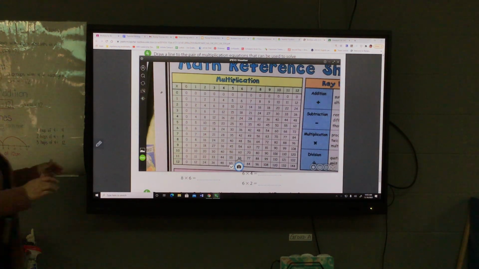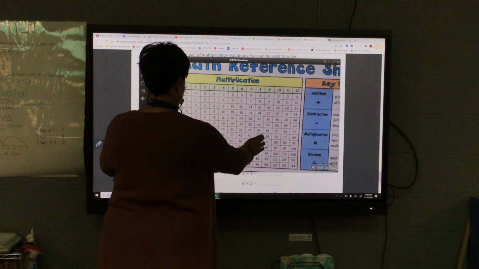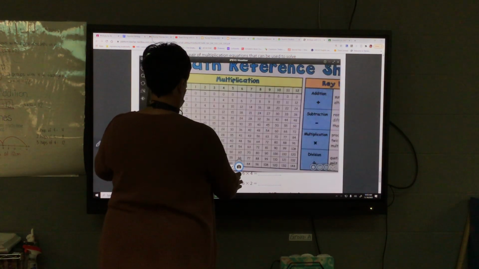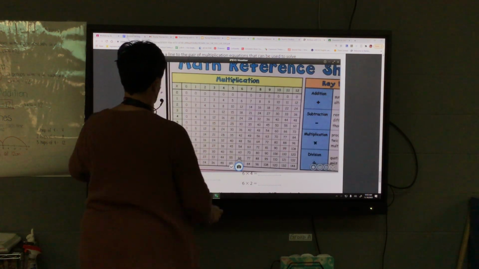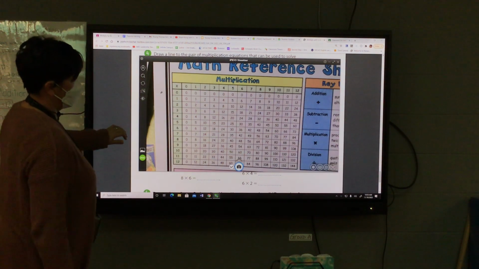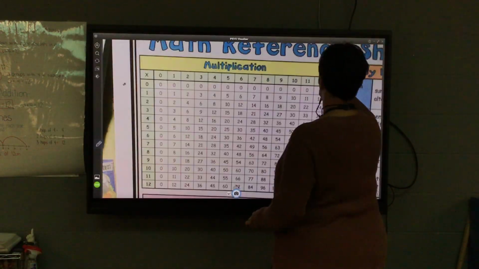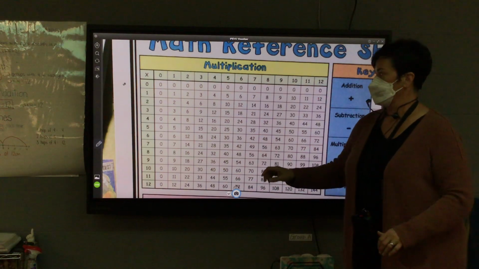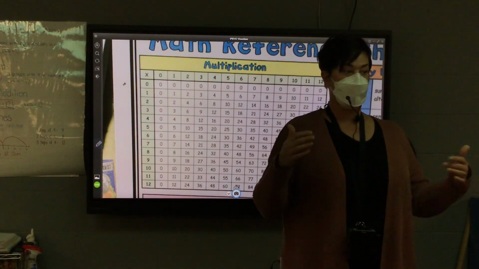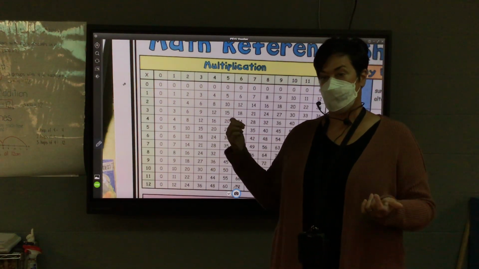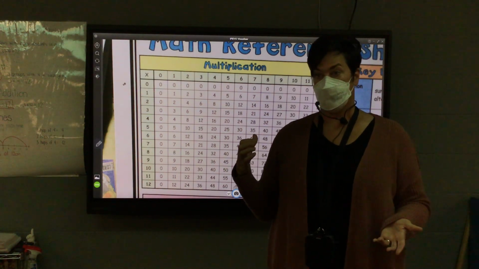So how this works. There we go. As we are learning our multiplication facts, this is going to help us out. Okay?